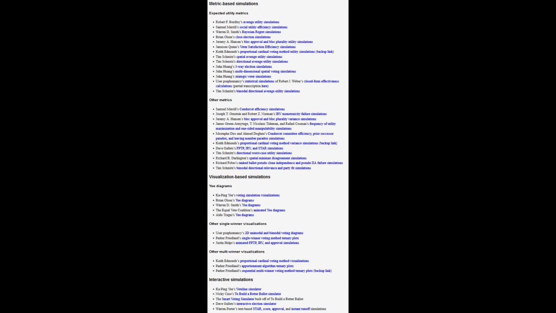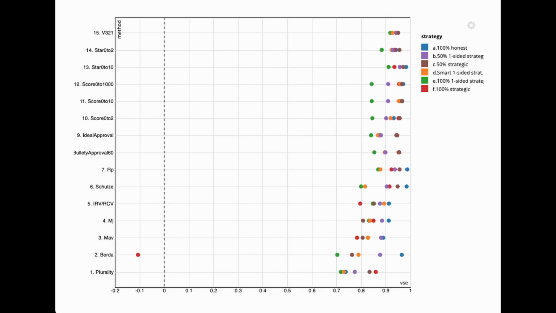Another way to look at this is to see how these methods hold up in simulations. There have been many voting method simulations. However, one called voter satisfaction efficiency was run on various voting methods, around 15 of them. It works by giving voters abstract utility values for each candidate, basically showing how much they like them.